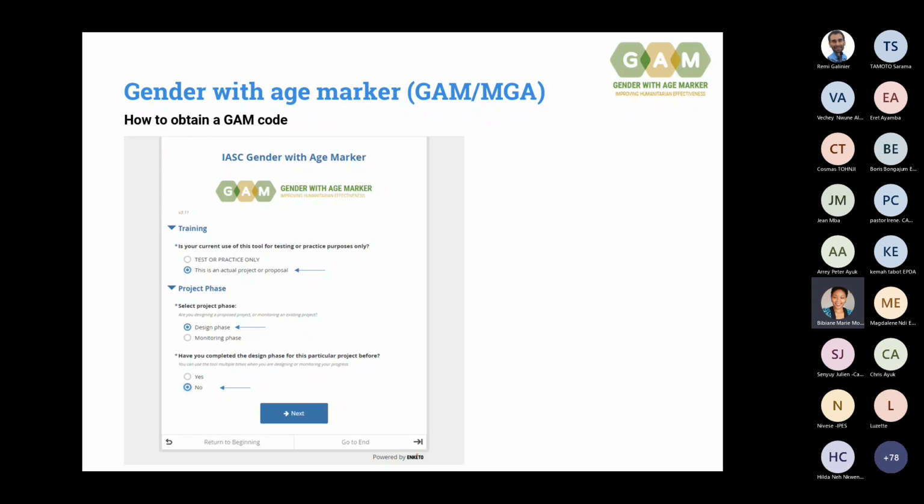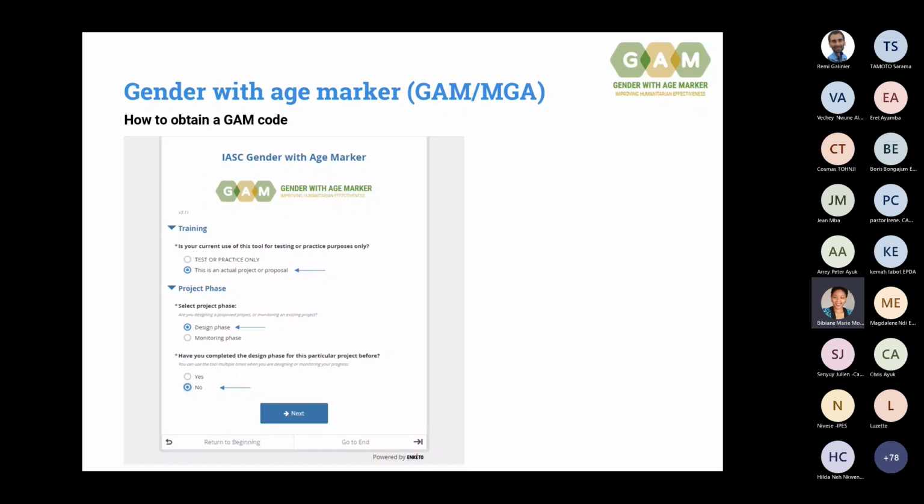We advise to use the test first so that you can see which kind of questions are requested to answer, and the person who is going to fill the project module can collect all the information from his colleagues before he starts filling the project module.